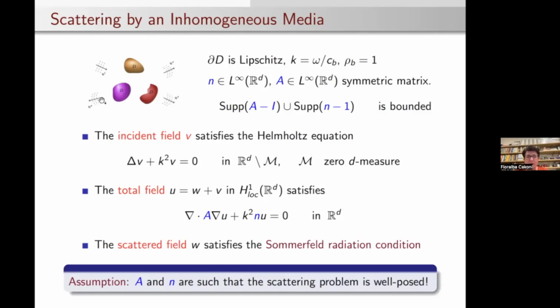The scattering discussion will be in the context of elliptic formulation, so frequency domain. In acoustic scattering, I'll call the wave number k the frequency that is scaled by the sound speed in the background. For the sake of simplicity, my background will be homogeneous.